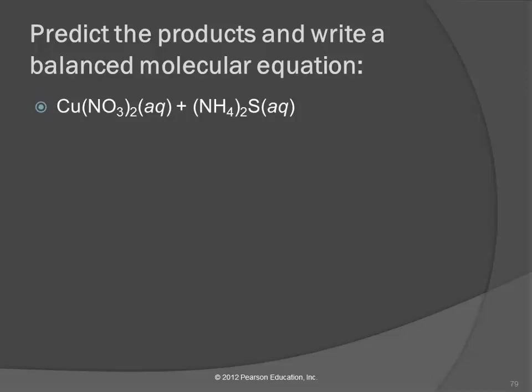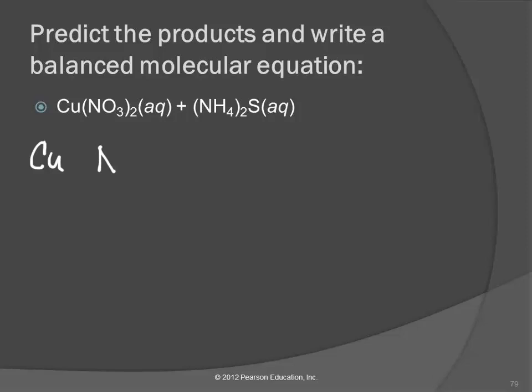So what do we do? No, we look at it and we think, well, those are two ionic compounds. They're aqueous. When I dissolve an ionic compound like table salt in water, it breaks apart into the individual ions. So let's start out by writing the individual ions.